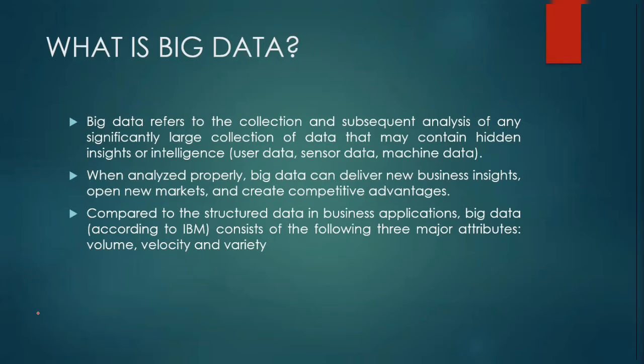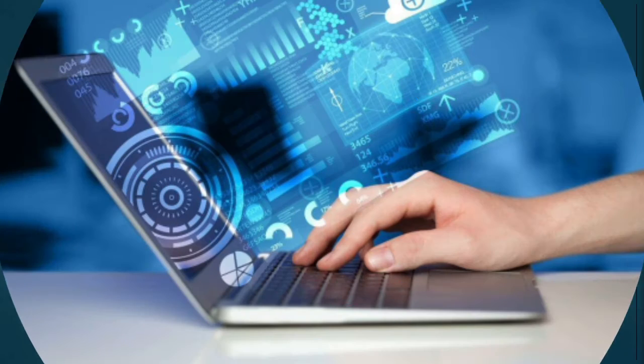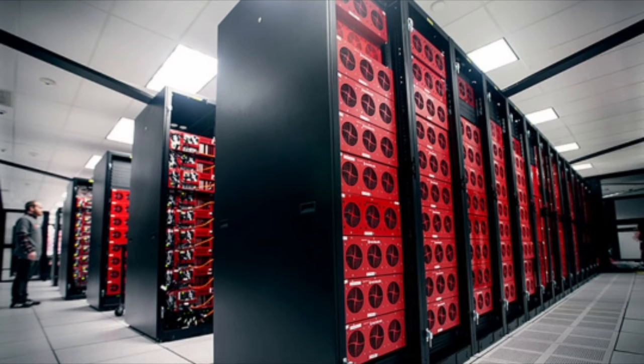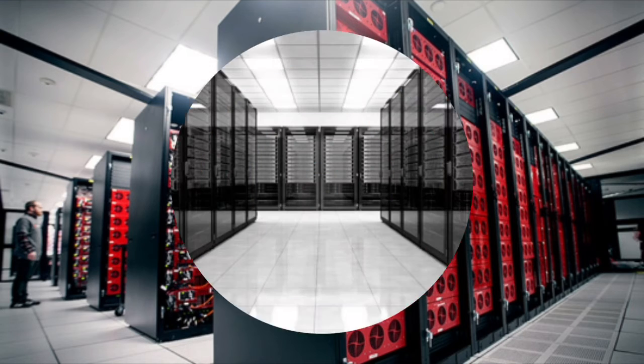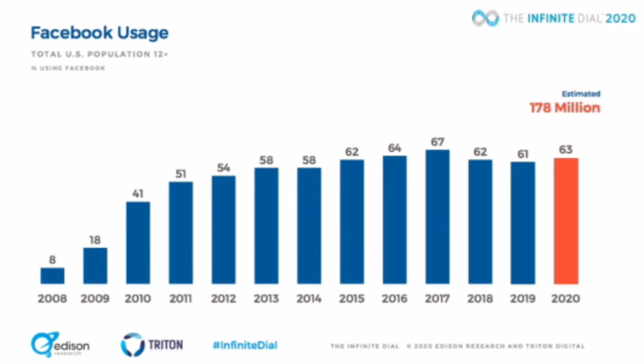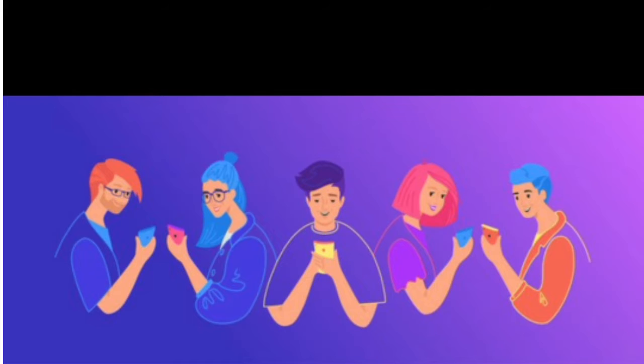Let's see what kind of user data. Suppose personal computers, PCs, can hold 500 GB of data. It would require 20 billion PCs to store zettabytes of data. Google stores its data in millions of servers around the world. Every day, around 10 million text messages are sent.